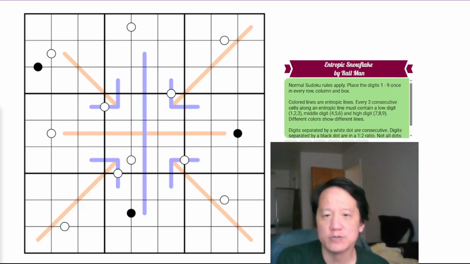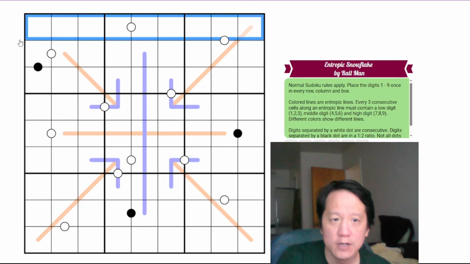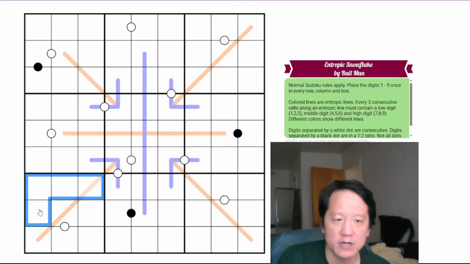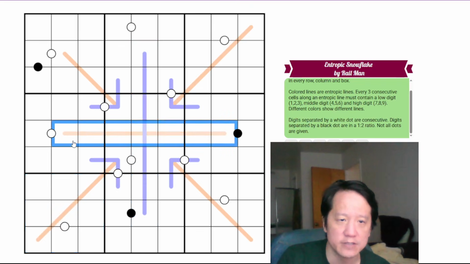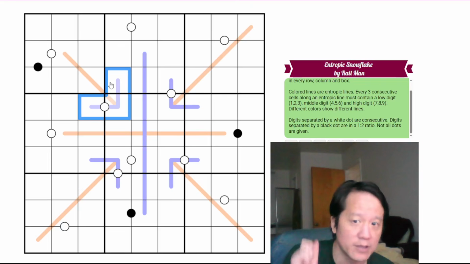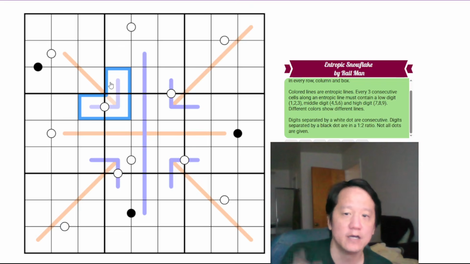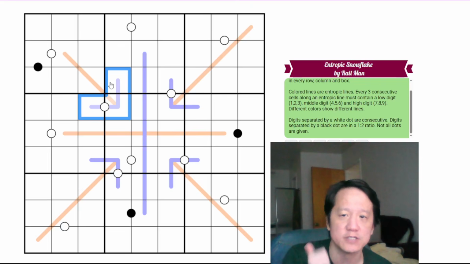Normal Sudoku rules apply, which means place the digits 1 through 9 once in every row, column, and box. Colored lines are entropic lines, where every 3 consecutive cells along an entropic line must contain a low digit, which is 1, 2, or 3, a middle digit, which is 4, 5, or 6, and a high digit, which is 7, 8, or 9.